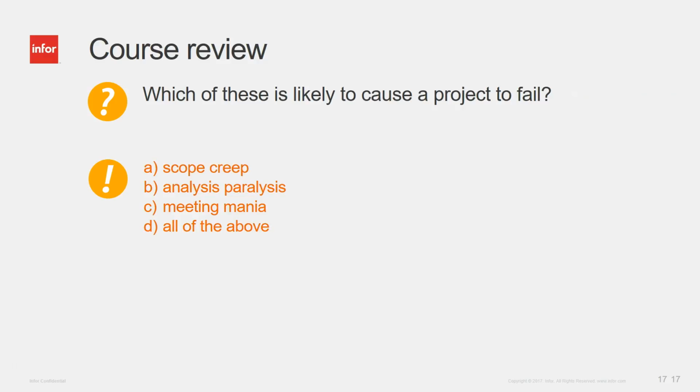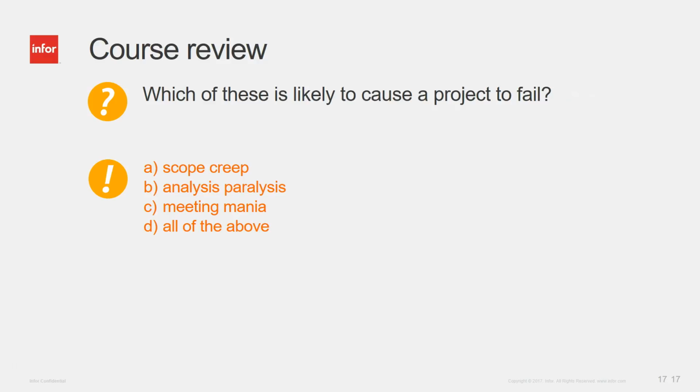Which of these is likely to cause a project to fail? Scope creep, we definitely talked about the constant changes in scope that can cause a project to fail. I believe this week's chapter talks about analysis paralysis, where there's so much analyzing and so much discussion that you never actually come to a resolution or a definitive set of requirements. Analysis paralysis is very likely to cause a project to fail.